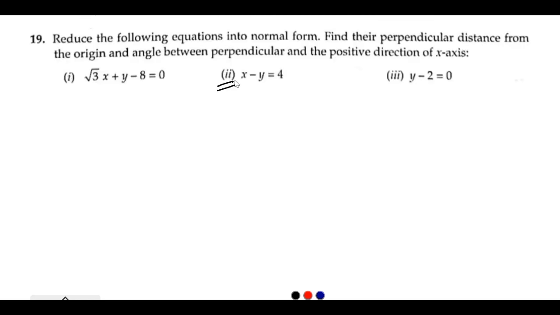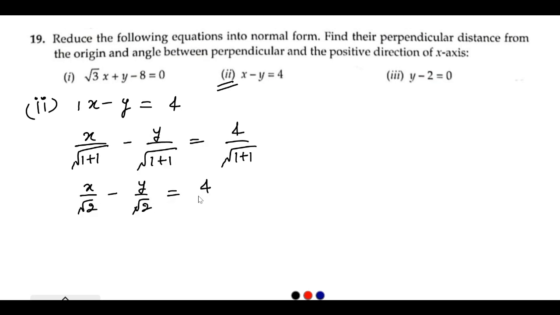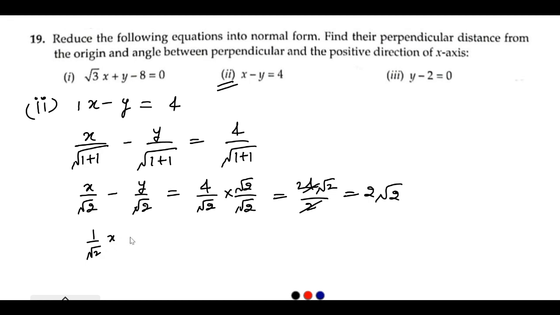Come to the second part. x minus y is equal to 4. First, we are changing this into normal form by dividing by under root a square plus b square. Here a is 1 and b is minus 1. One upon under root 2 x plus minus 1 upon under root 2 y is equal to 2 root 2.